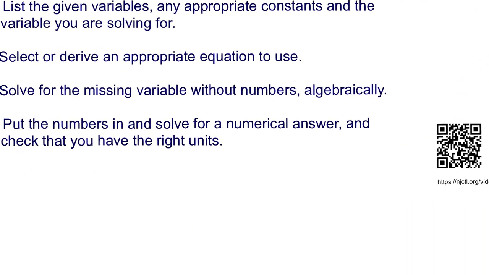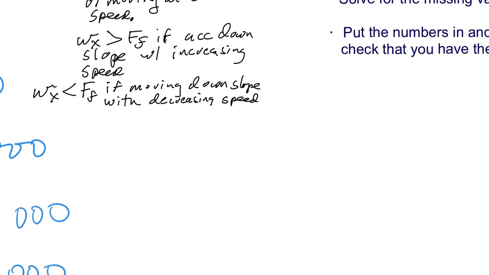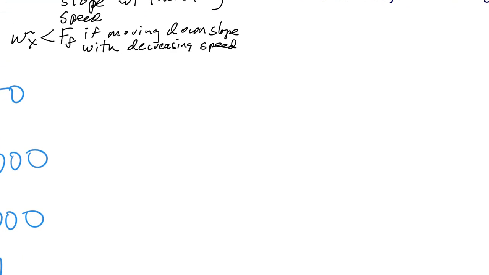You know what? I'm just going to do it underneath this from scratch. So here's the object. There's the weight. The weight's going to be broken up into x and y components.